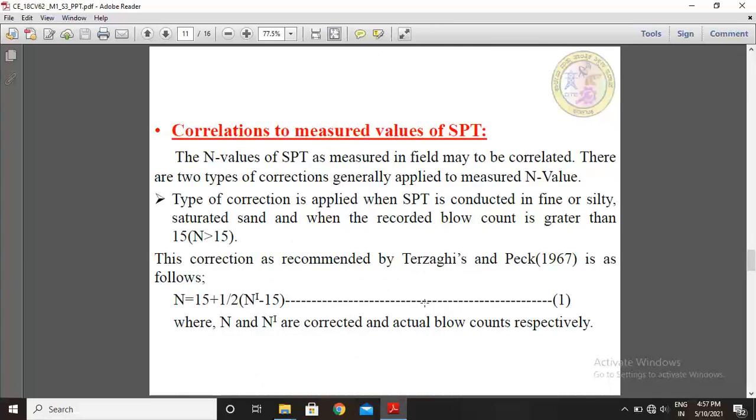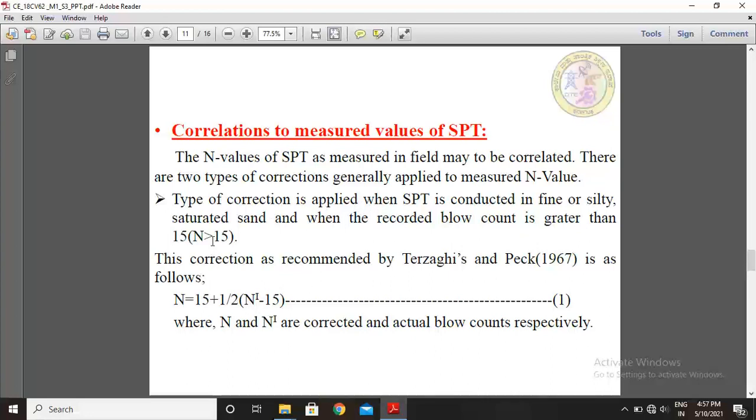What are the corrections to be done to the measured values of SPT? The N values of SPT as measured in the field need to be corrected. There are two types of corrections generally applied to measured N values.